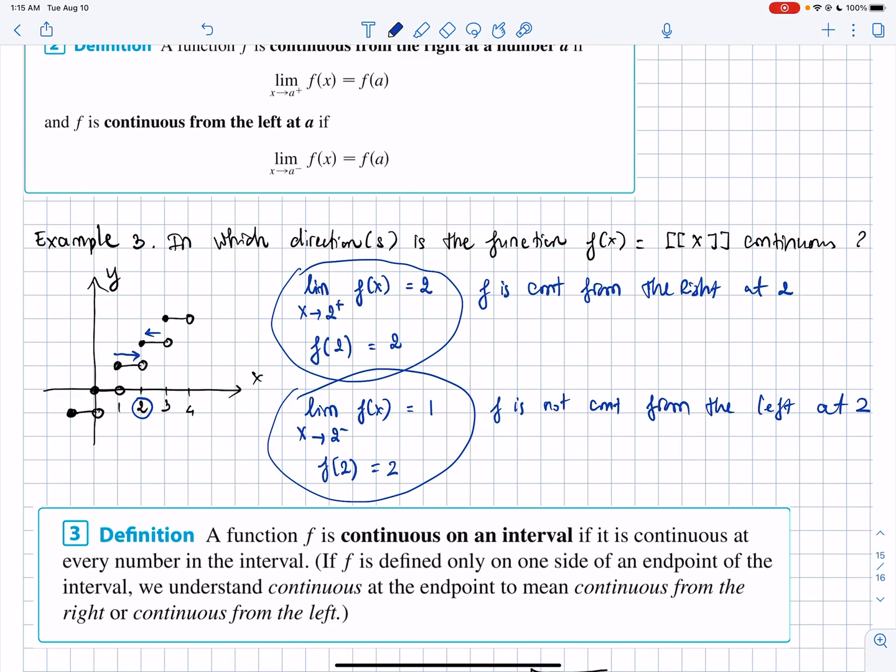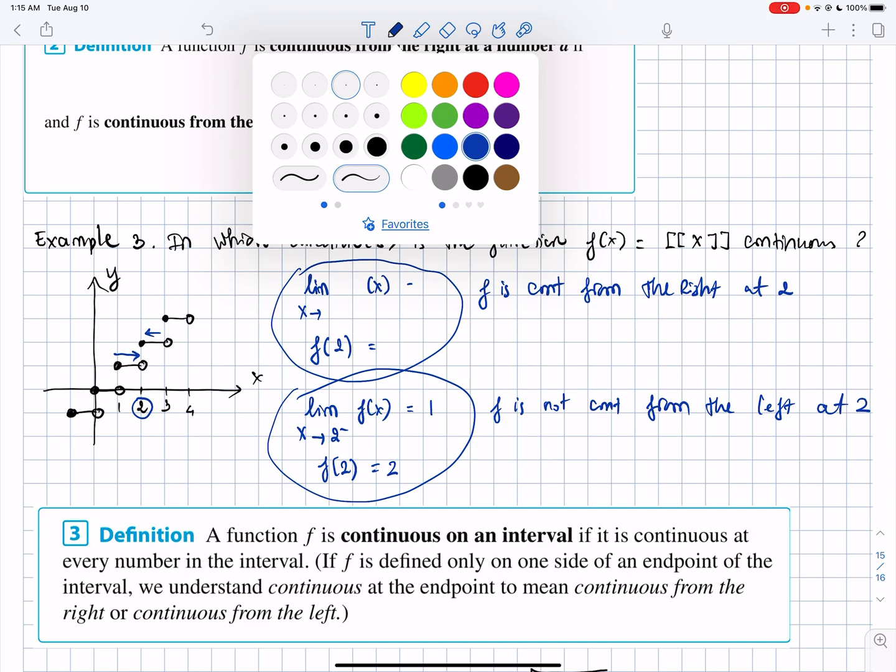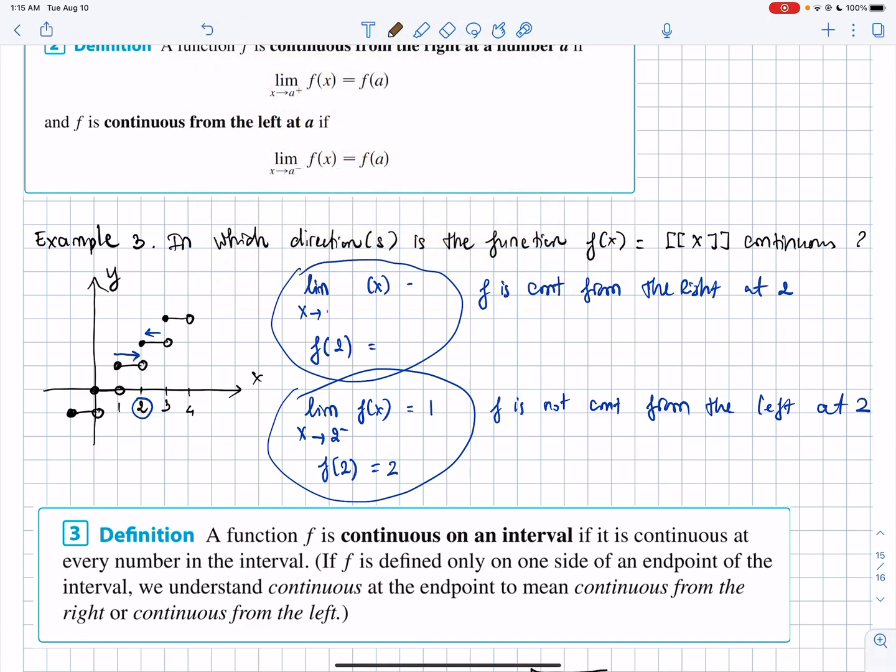In general, we can check the integer numbers like 1, 3, 4, 0, -1, and so on. Instead of checking 2, you check the other numbers and it works the same way. So I will make it more general. When x approaches any integer n, the limit of f of x is n, and f of n is also n.